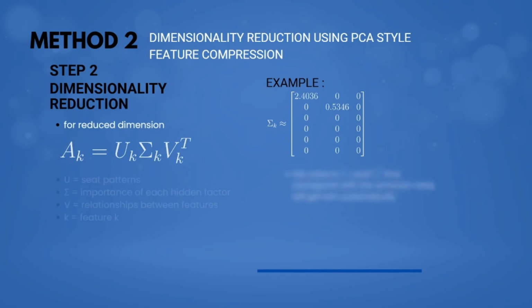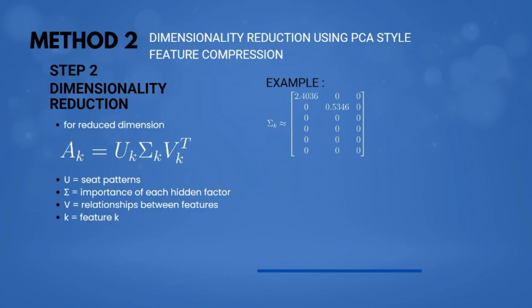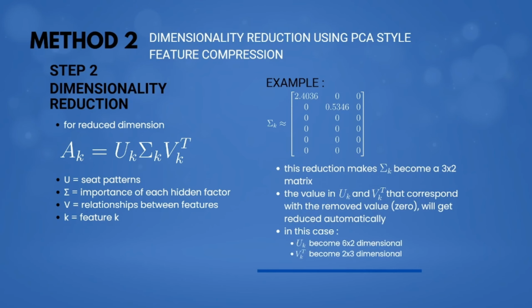And then after that, we move on to the second step, which is dimensionality reduction. After removing the least significant singular value, the dimensions of the matrices are reduced, resulting in a more compact representation of the seating data. Now, continuing the example here, the rows and columns corresponding to the removed singular value are automatically eliminated.